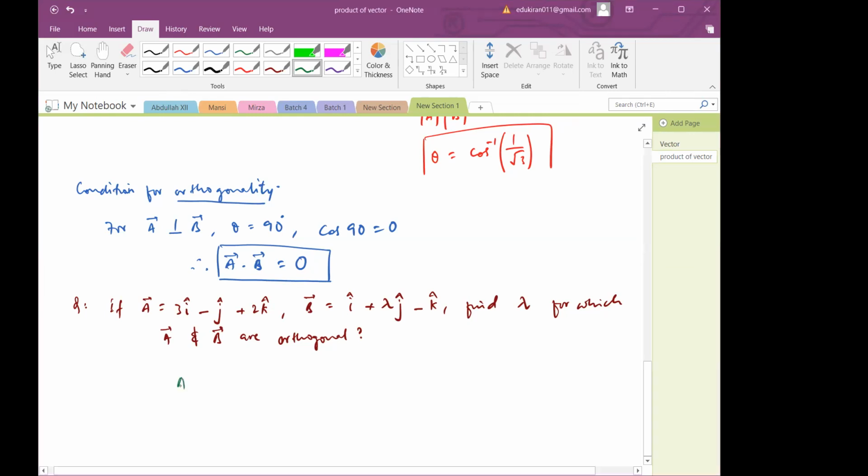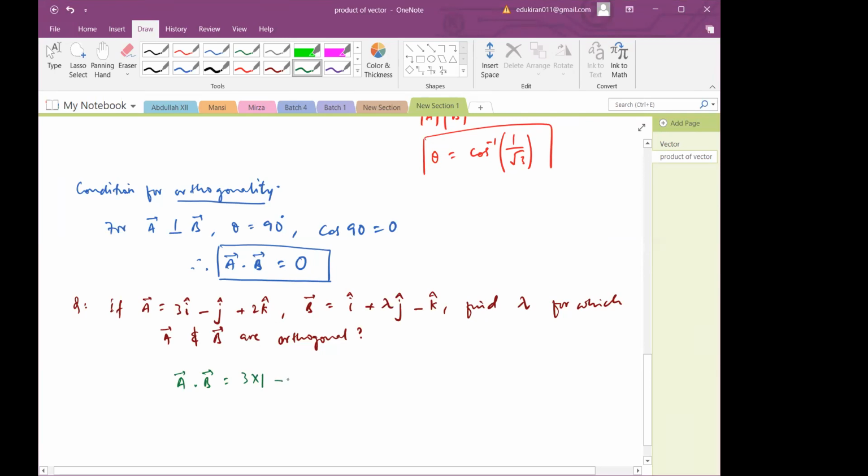Take the dot product of these two terms, A dot B, which will be the multiplication of each term corresponding to it, meaning AX with BX. So here we have 3 as AX and 1 as BX. So it will be 3 into 1.